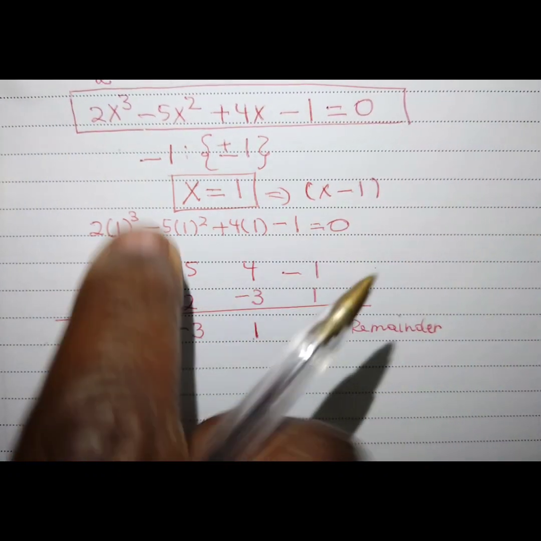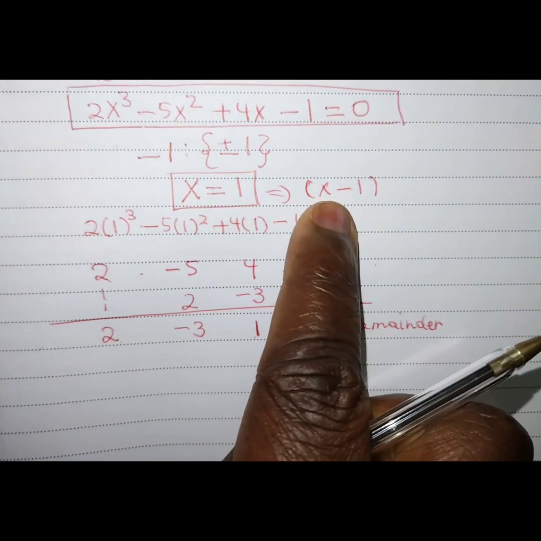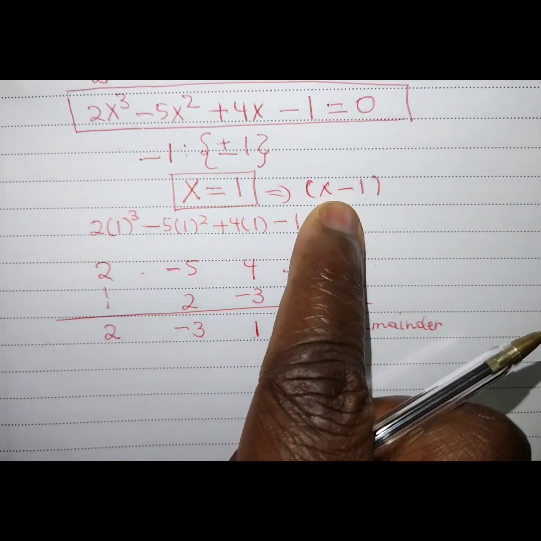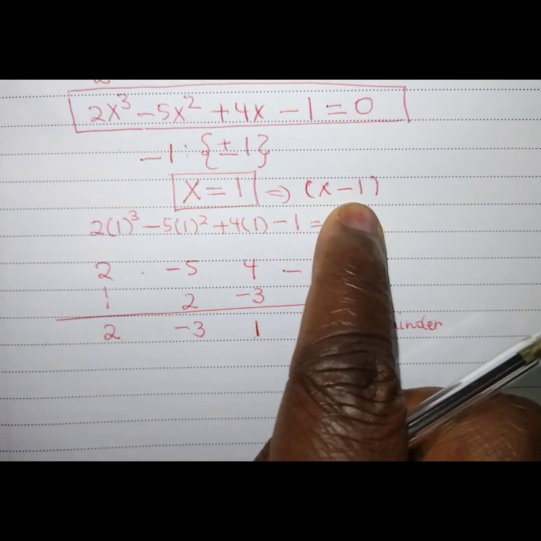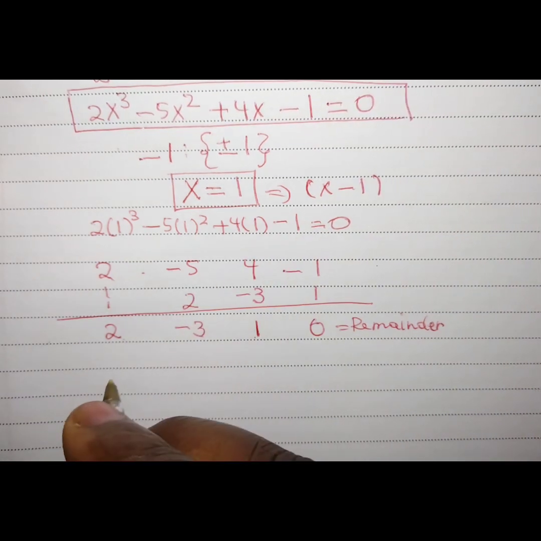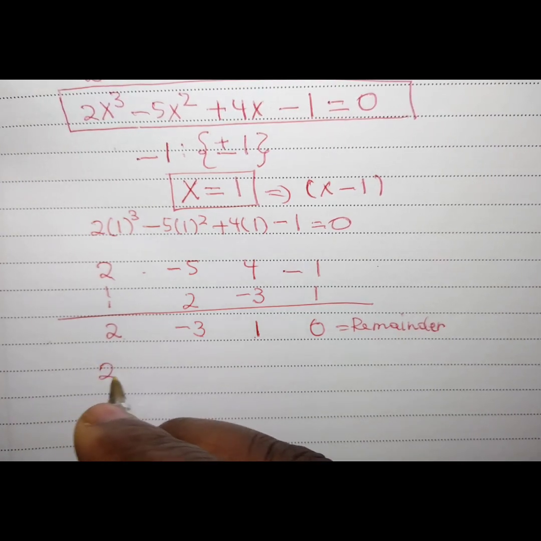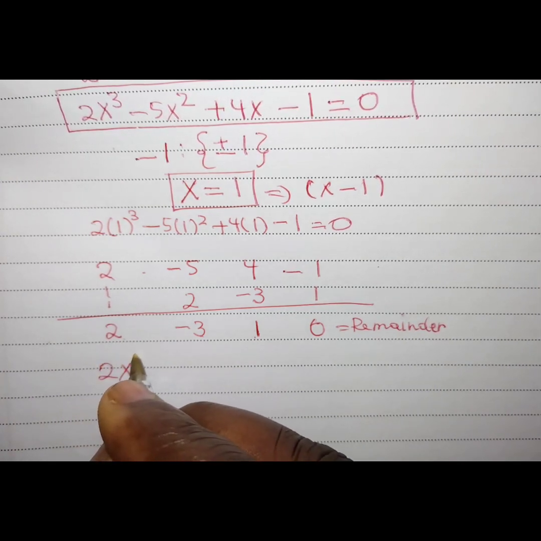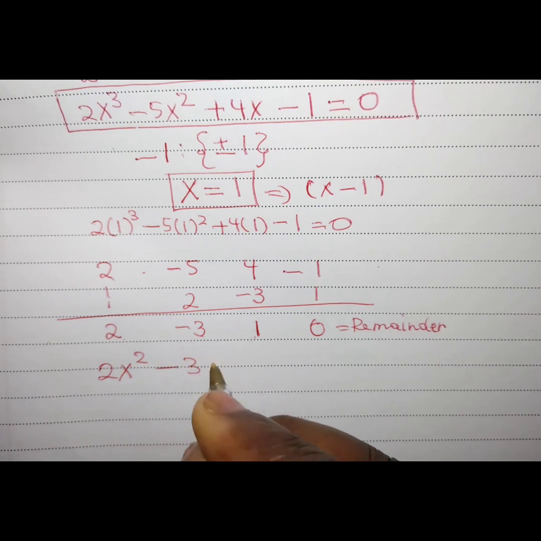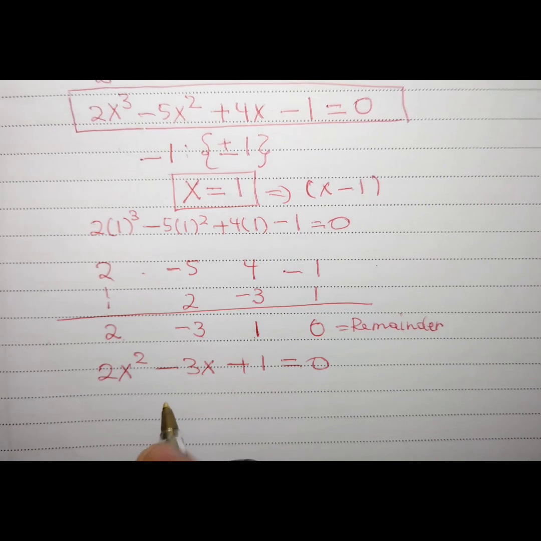Ladies and gentlemen, dividing the cubic equation by the binomial x minus 1, we found this equation here. We have 2x to the power of 2 minus 3x plus 1 equals 0.